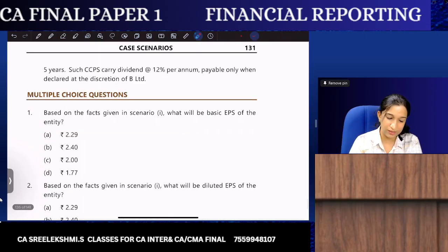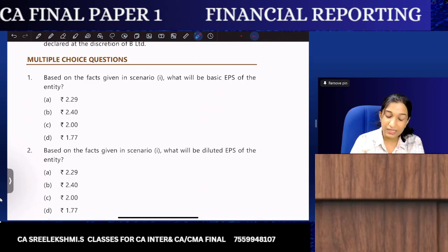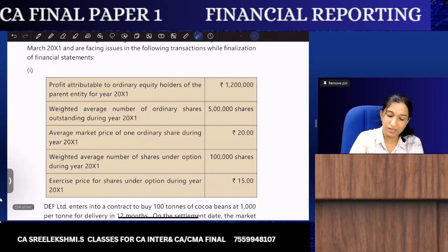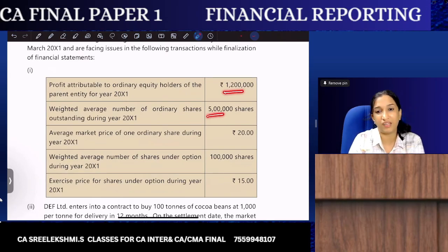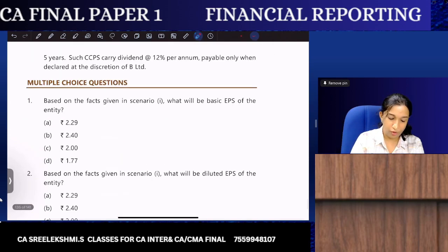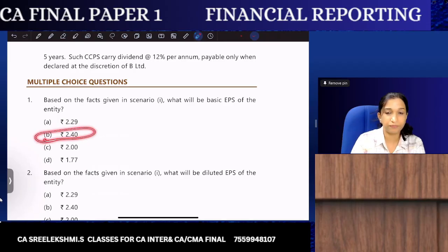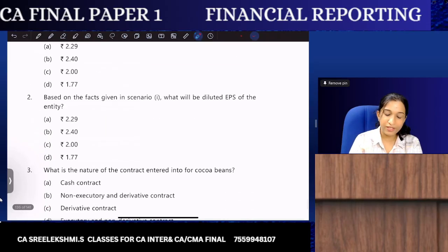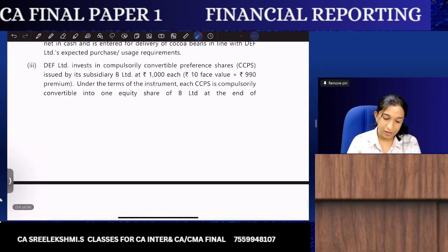Let's see the question. Based on the facts given in scenario 1, what will be the basic EPS? Basic EPS is 12 lakhs divided by 5 lakhs, which is 2.4, option B. Now, based on the facts in scenario 1, what is the diluted EPS?